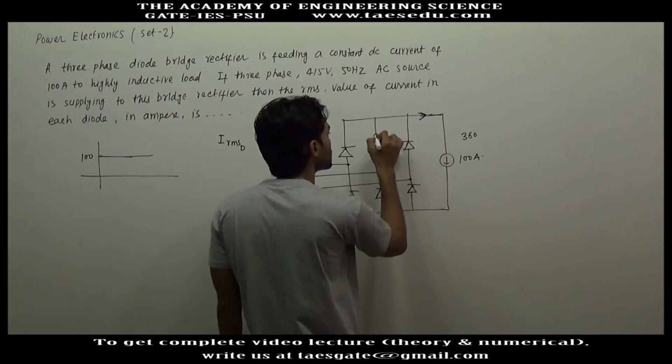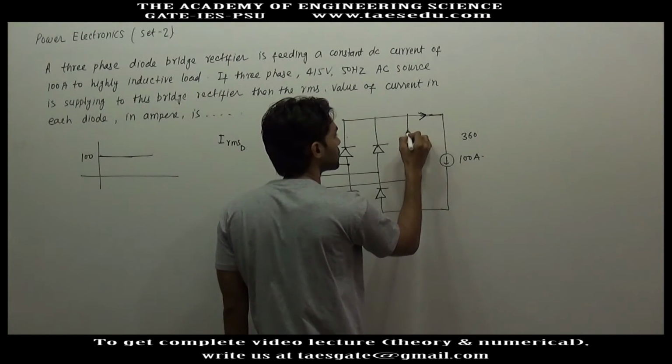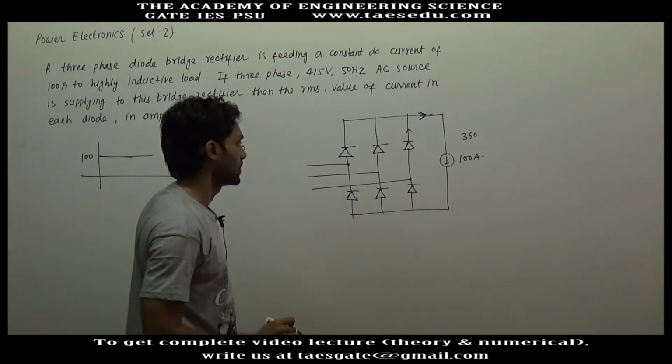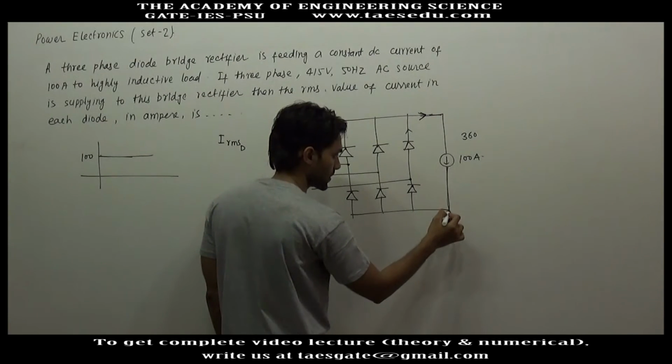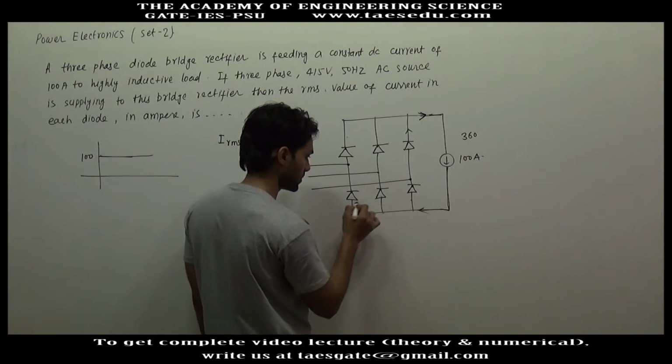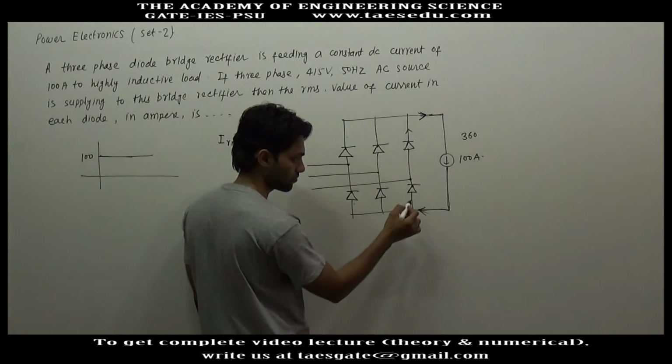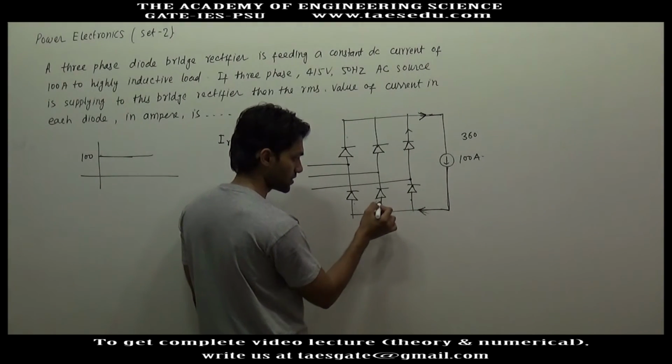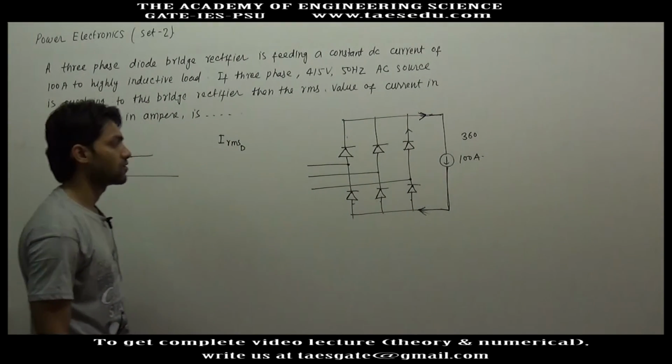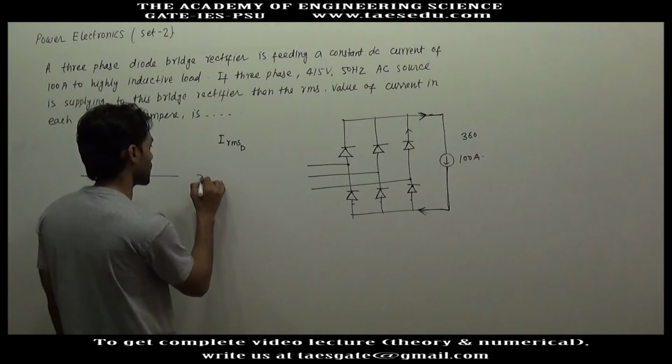So one of these three diodes will conduct, and similarly if current is coming here, this current will pass through either of these three diodes. So at one time 2 diodes will be conducting.